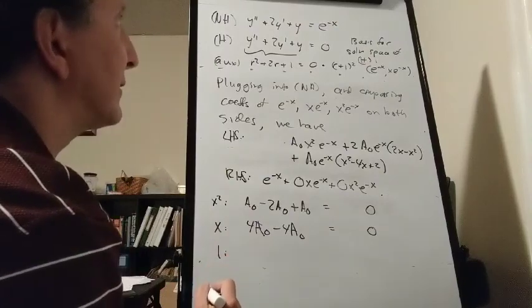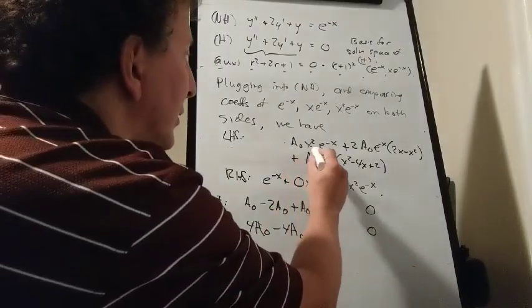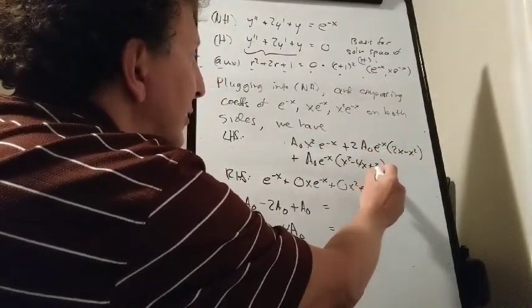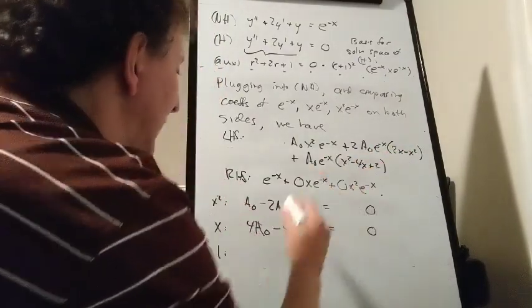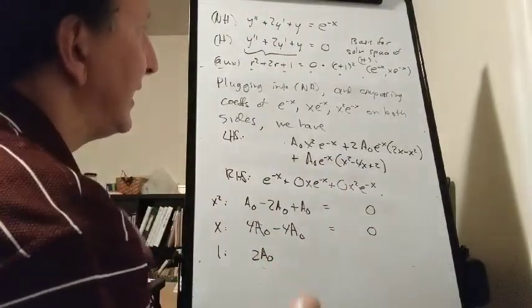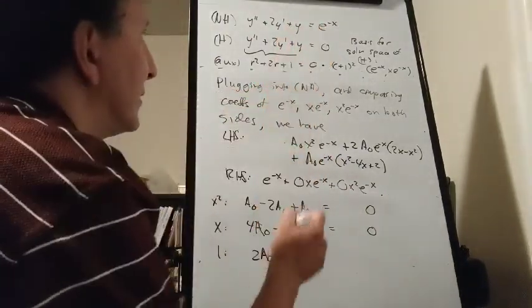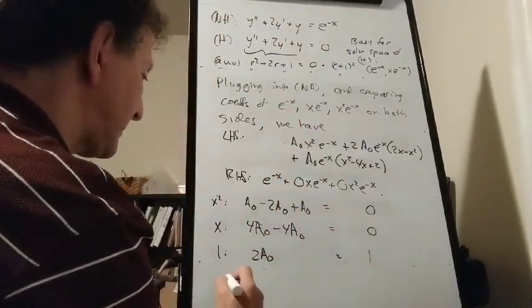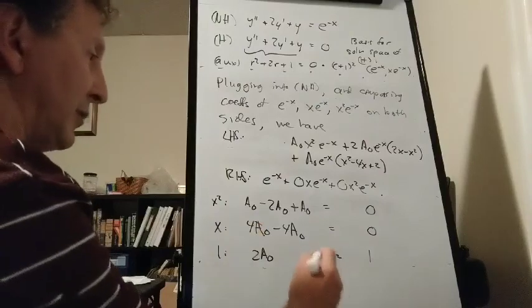And if we compare constant terms, none there, none there. Oh, here's no x. So 2a naught. And on the right-hand side, no x times e to the negative x. So that equals 1. So I guess a naught equals 1/2.